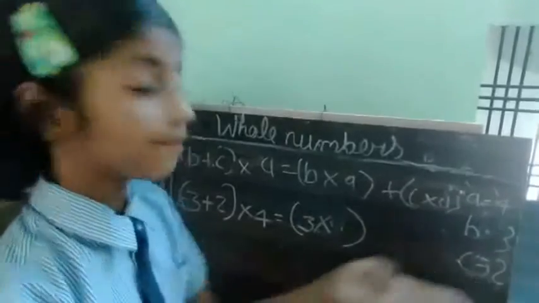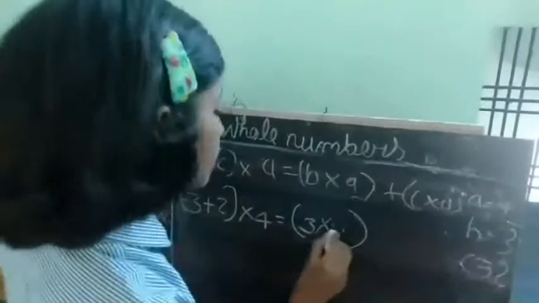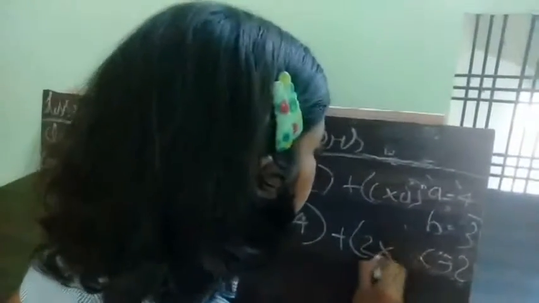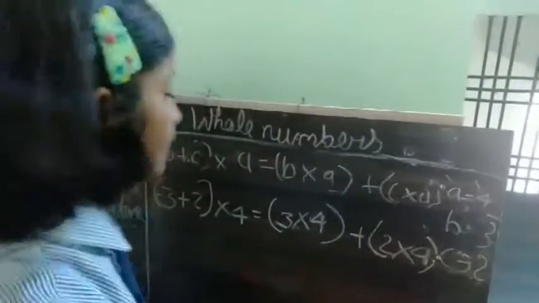So the value of A is 4 here. So 3 into 4 plus sign and then 2 into 4, bracket closed.